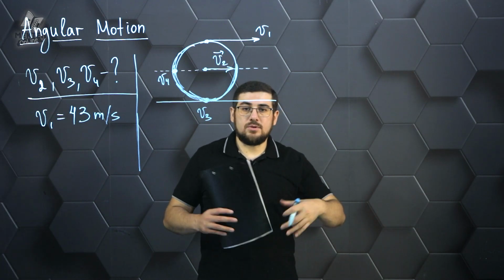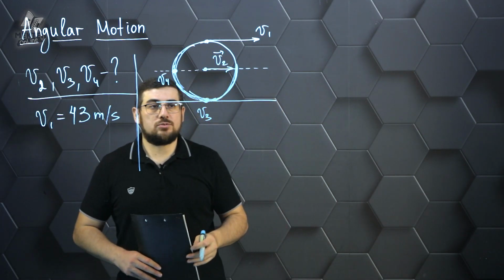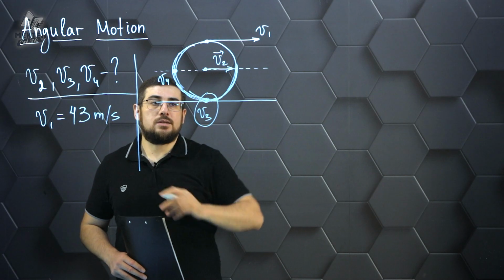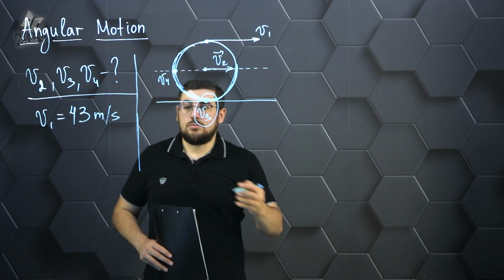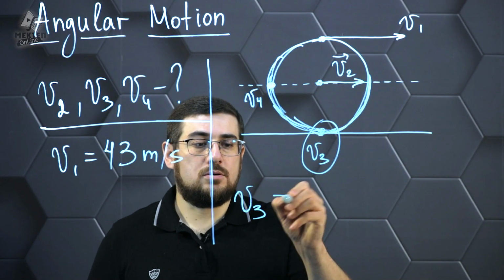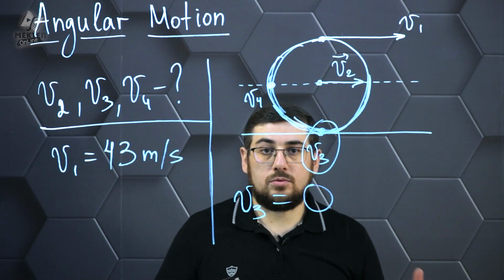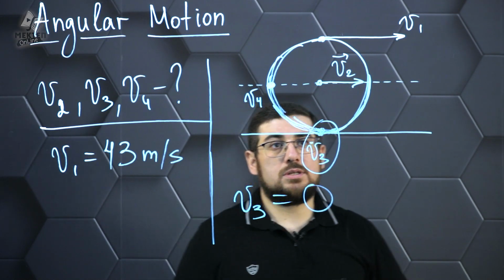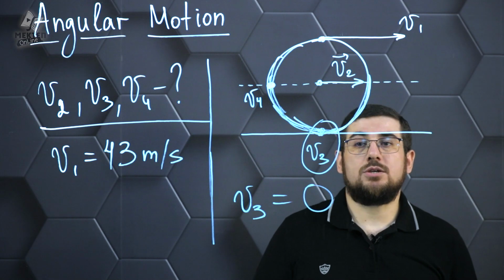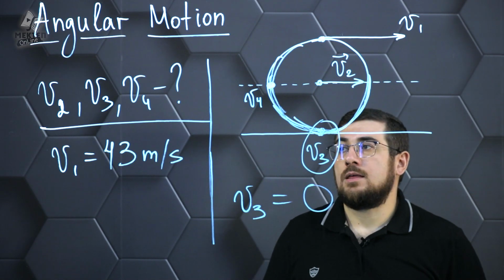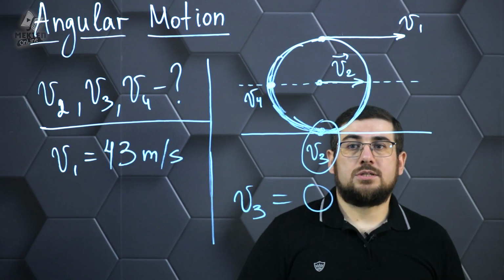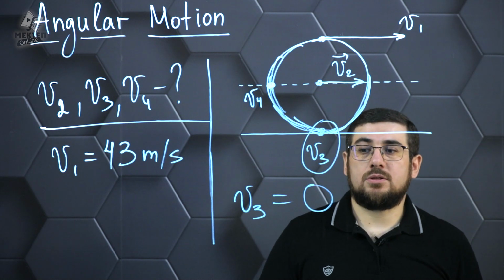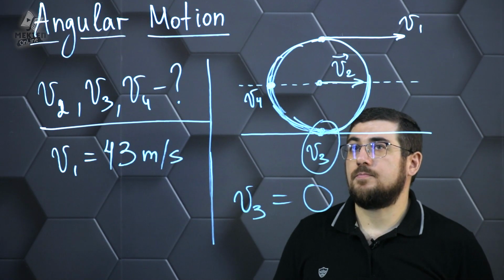That is, it is not moving at this moment in time, and therefore immediately we can answer the question regarding the lowest point: V3 at this moment in time is 0. If the car is skidding, meaning it is moving, say, forward with slipping, then of course this point will also be moving. However, our situation is without any slipping. The car is moving, so we've resolved the first issue.